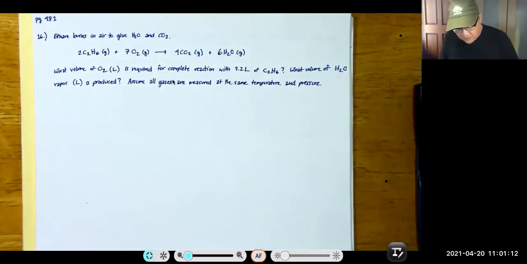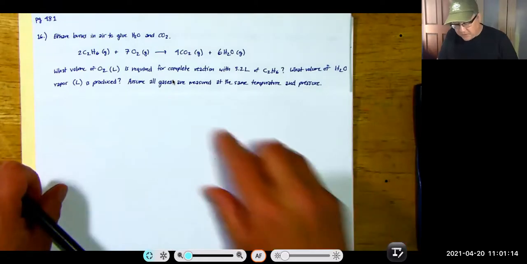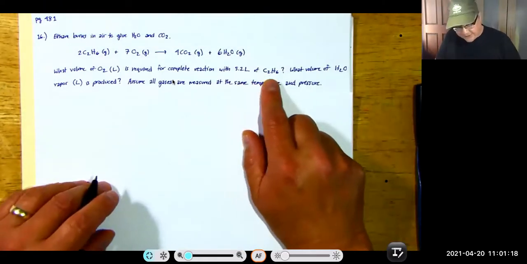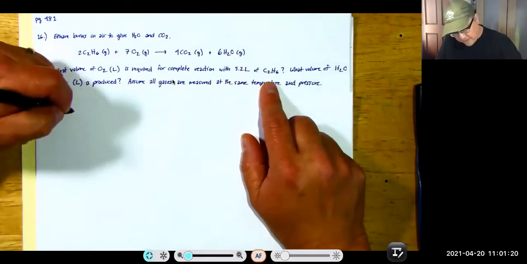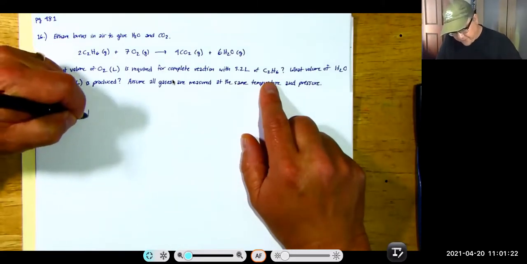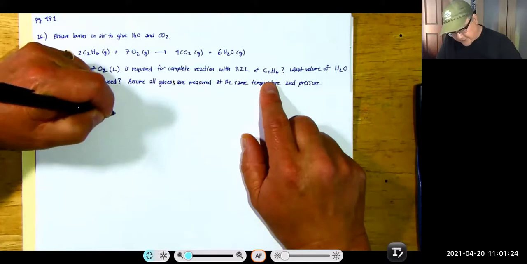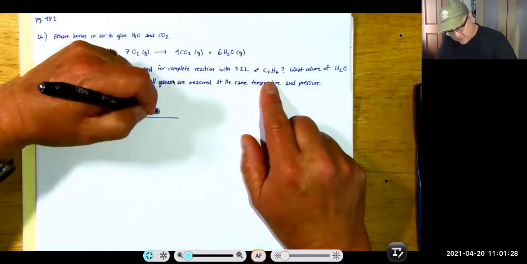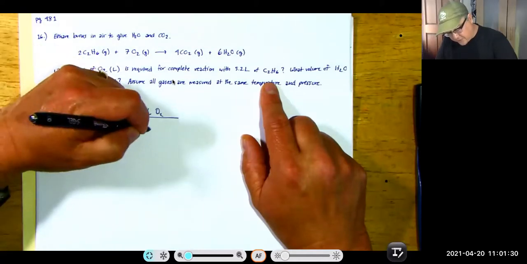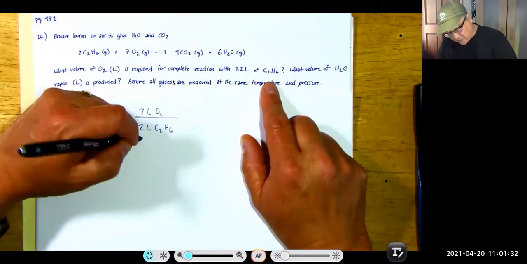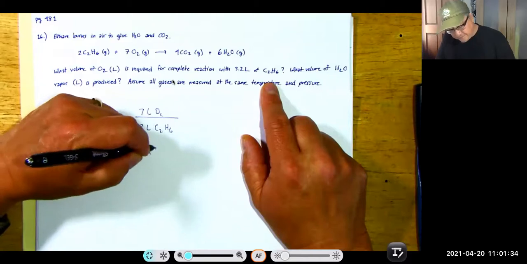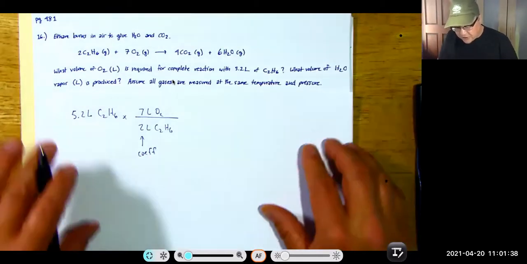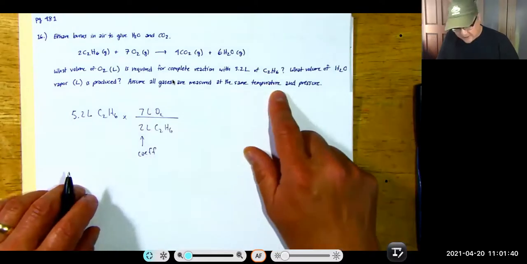So what volume of O2 is required for complete reaction with 5.2 liters of C2H6? Well, we would say 5.2 liters of C2H6 times 7 liters of O2 per 2 liters of C2H6, and these are coefficients. And we can do this because this is constant pressure and constant temp.